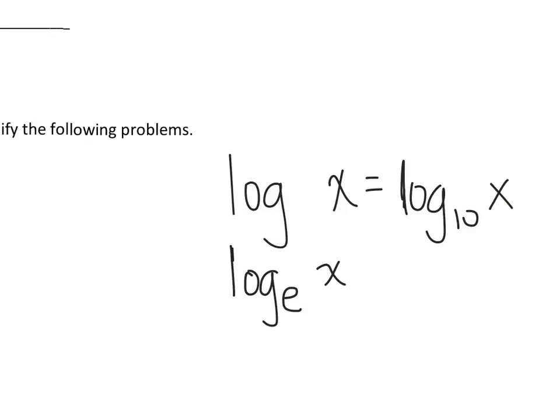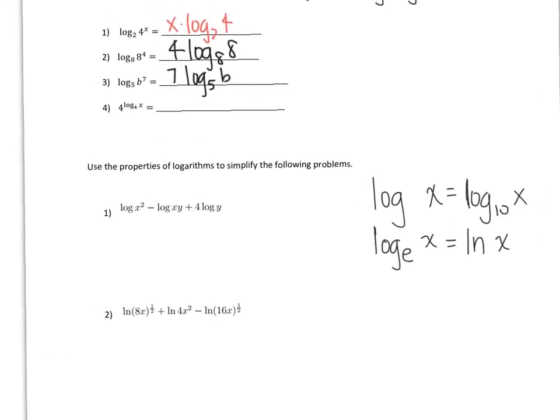That's the same thing as ln of x. That is an L, and it stands for natural log. So ln of x is really like saying log base e of x. We just call it the natural log. Okay? So those are 2 things you need to know.